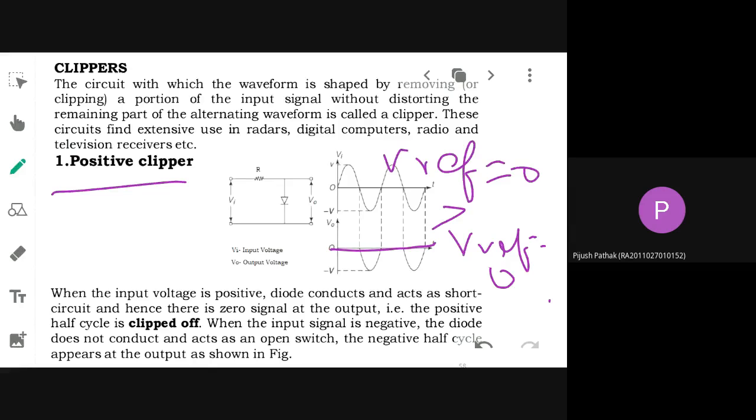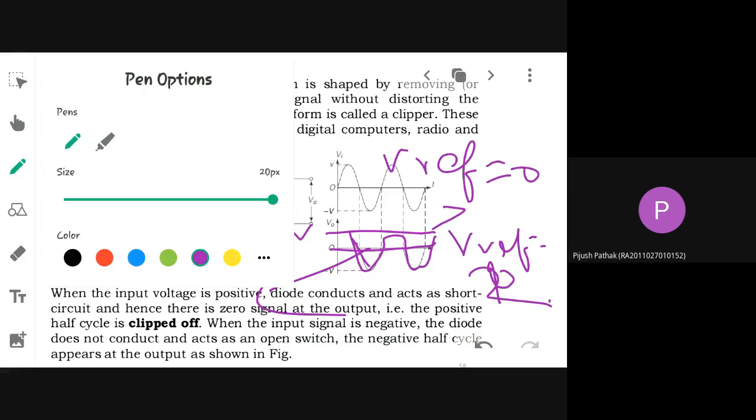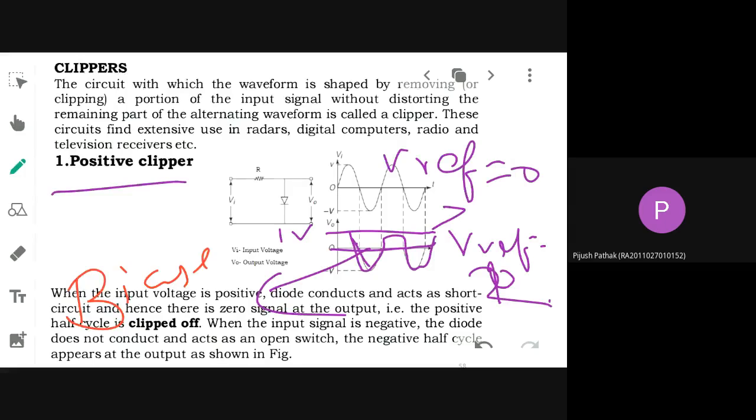Suppose you give V reference as 1 or 2 volts. That 1 volt will come here, and the portions above it alone will be clipped. If you draw the waveform, it will come like this. That type of clipper is called a biased positive clipper.